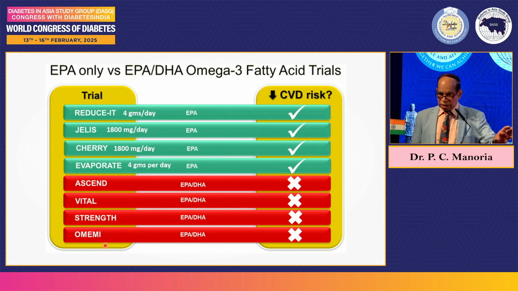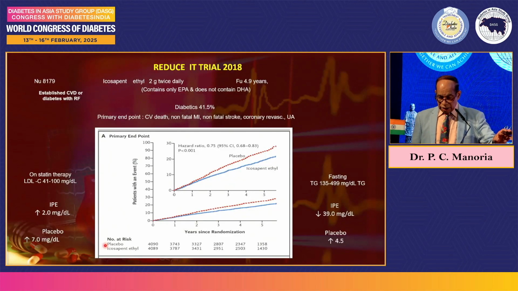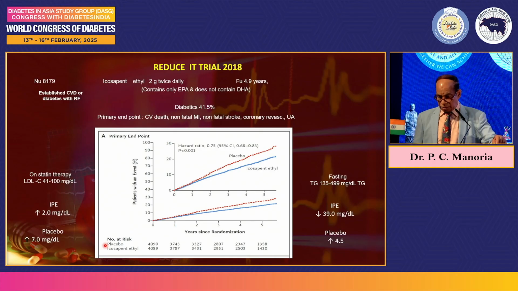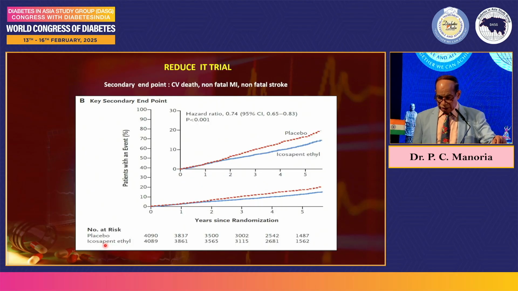The REDUCE-IT trial was the representative, and you can see 8,000 patients, established CVD, diabetics with risk factors, LDL 41-100 and high triglyceride 135-499. There was a statistically significant reduction in the primary ischemic endpoint and also in the secondary. And those who were proponents of triglyceride felt very happy that now this is the trial that shows you lower triglycerides, you lower cardiovascular events.